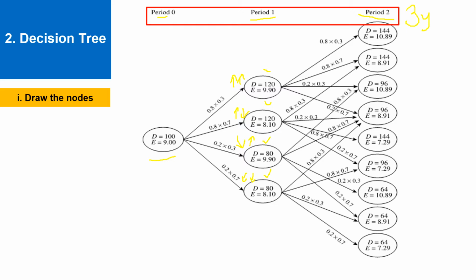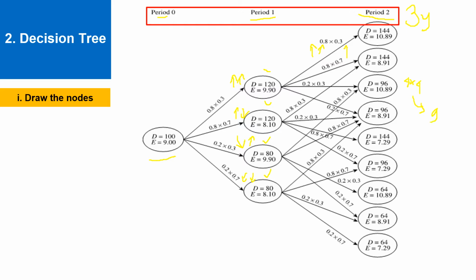And then for period 2, there are 9 nodes. Or you can also draw 16 first and eliminate the ones that intersect or have the same node. And this is the result later.